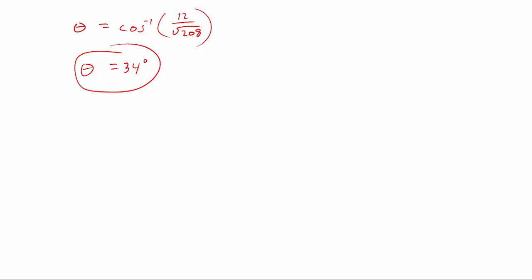All right, the next example we have, and once again, maybe you want to try this one on your own. If we have u is equal to 2i minus 3j, and v is equal to 1i minus 2j. And we want to find the angle between these two vectors.